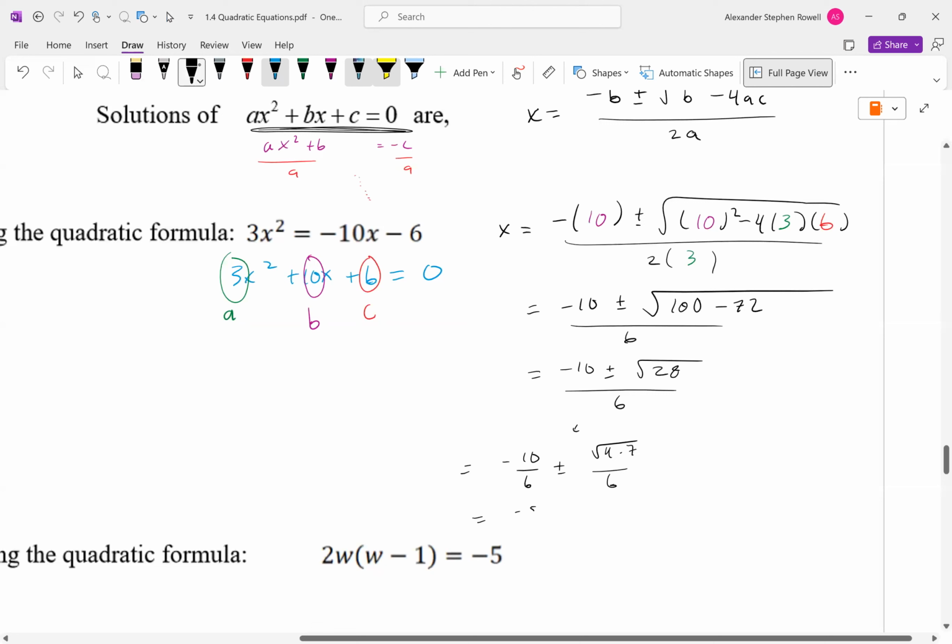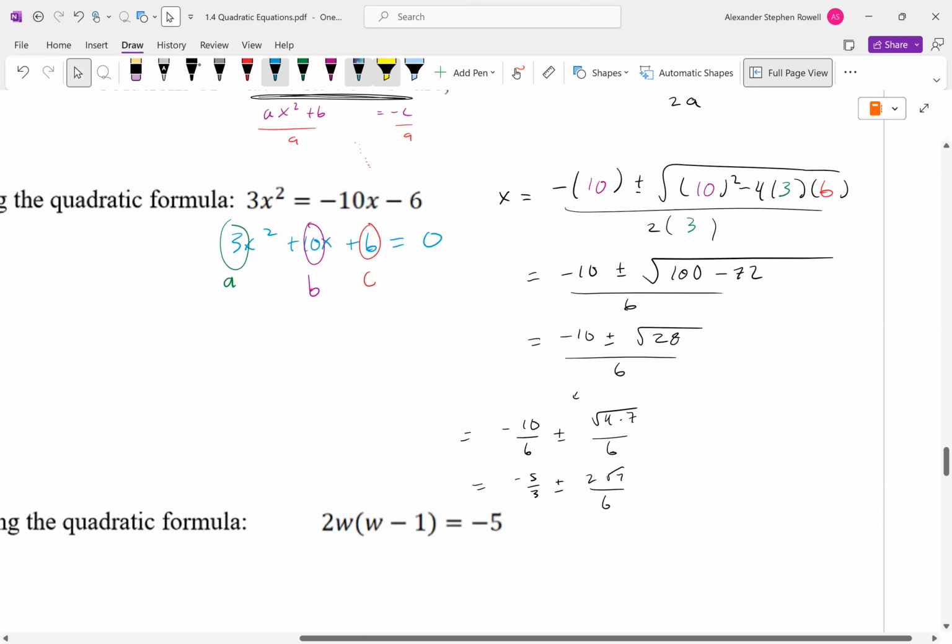Which would be negative 5/3 plus or minus 2 root 7 over 6, which gives us x is equal to negative 5/3 plus or minus, and we can reduce the 2 and the 6 to get square root of 7 over 3.